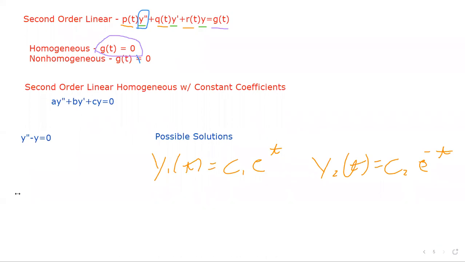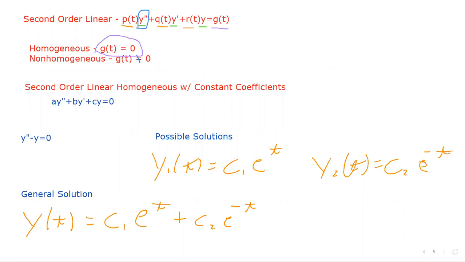So those are the two possible solutions individually. Now our general solution could have a combination of these. So we could say that our y of t is equal to our first solution plus our second solution.